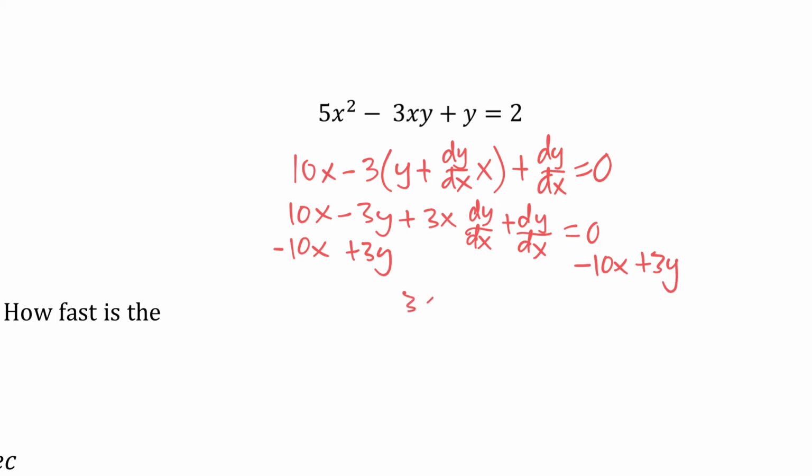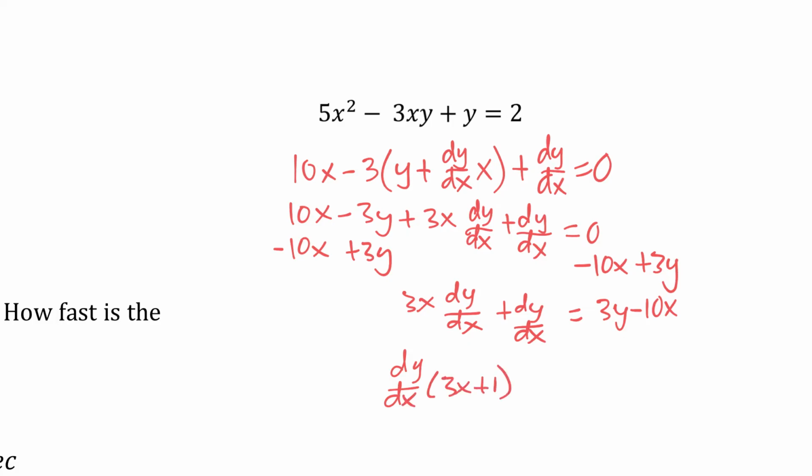So that's 3x dy dx plus dy dx equals, maybe I should switch this. So 3y minus 10x, and then factoring out the dy dx is 3x plus 1 equals 3y minus 10x, and then you have to divide by 3x plus 1.